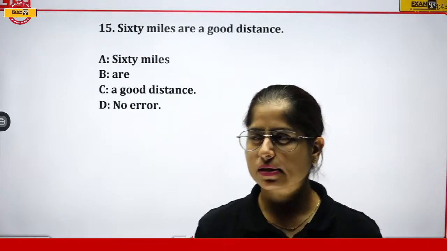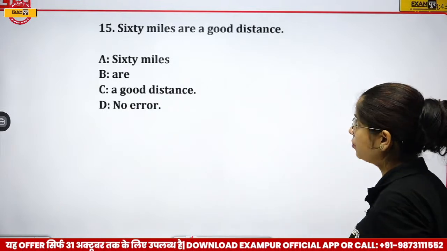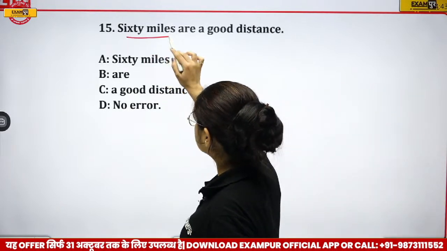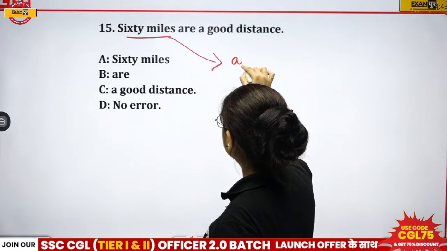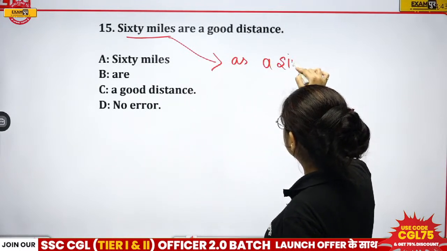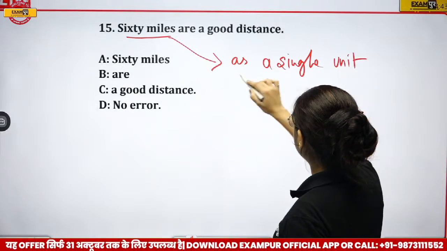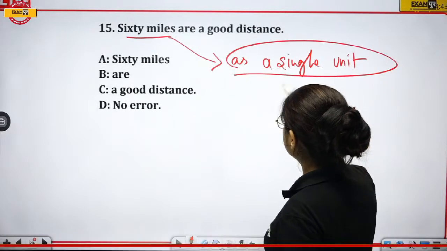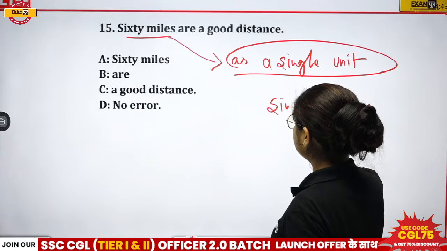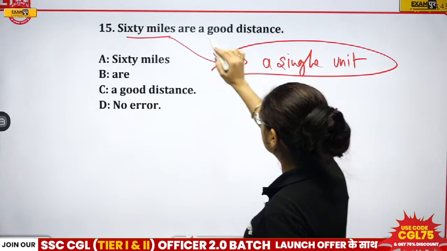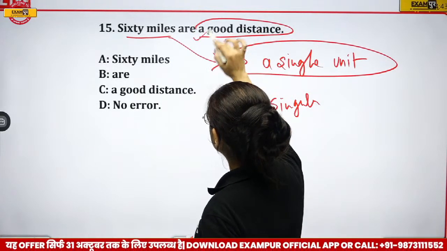We're talking about 60 miles as a single unit, aren't we? We are referring to it as a single unit, and when we are referring to it as a single unit, this will be considered singular. Remember here, a good distance.